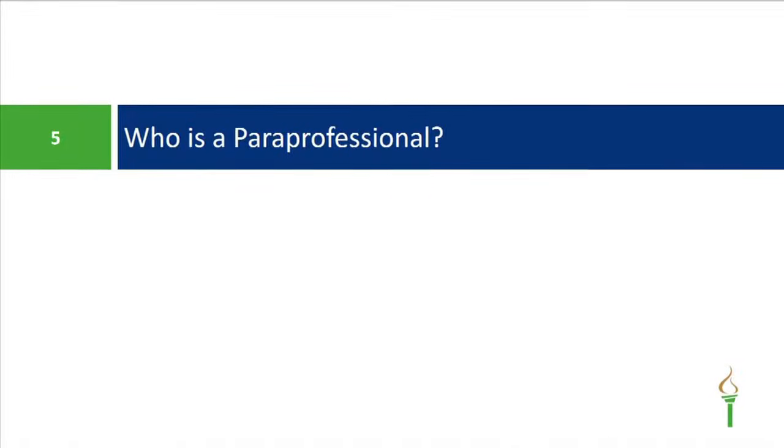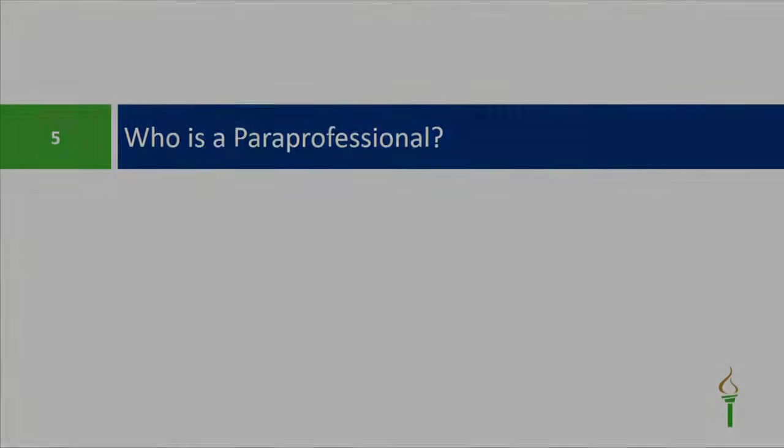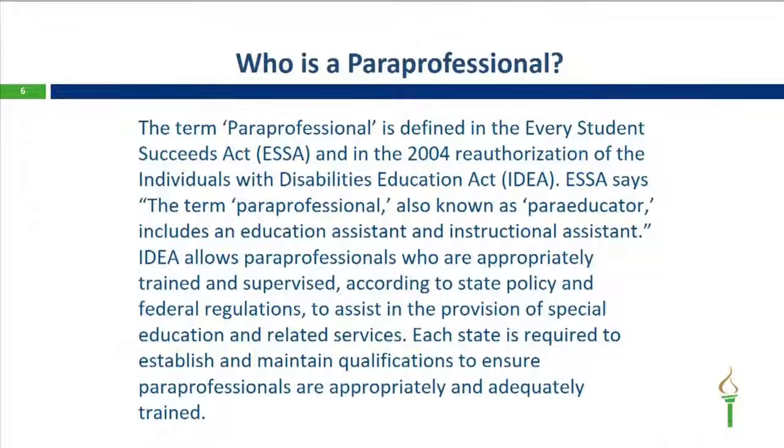Who is a paraprofessional? The term paraprofessional is defined in the Every Student Succeeds Act, ESSA, and in the 2004 reauthorization of the Individuals with Disabilities Education Act, IDEA. ESSA says the term paraprofessional, also known as paraeducator, includes an education assistant and instructional assistant.